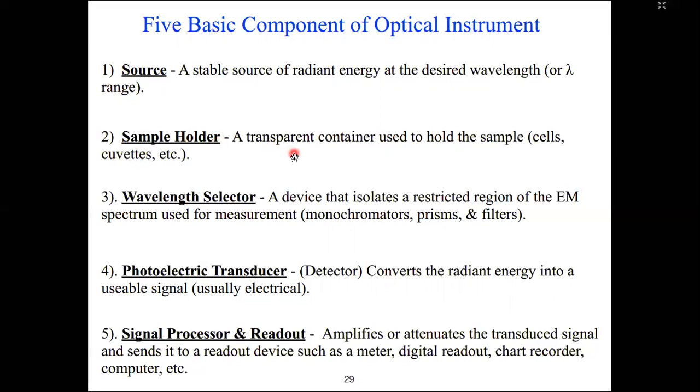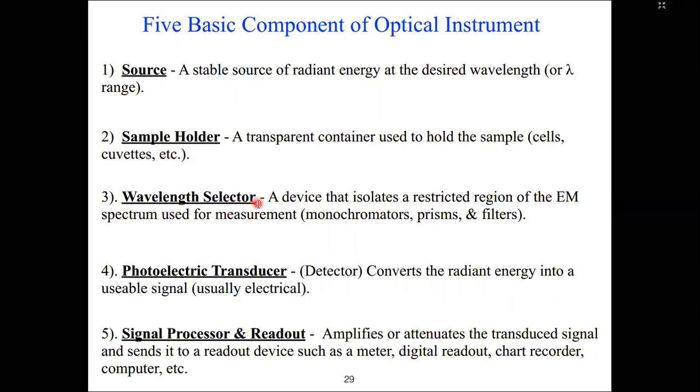The sample holder is a transparent container used to hold the sample. In our case, since we are studying atoms, the sample holder is usually the free space inside the instrument, where the atoms are made.